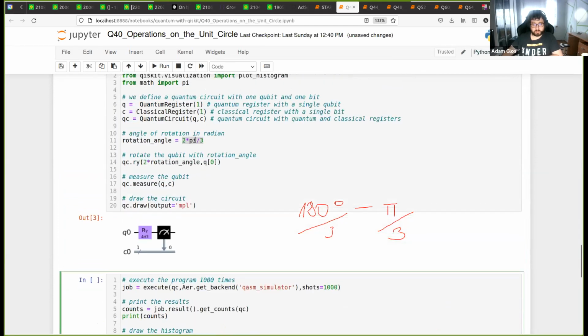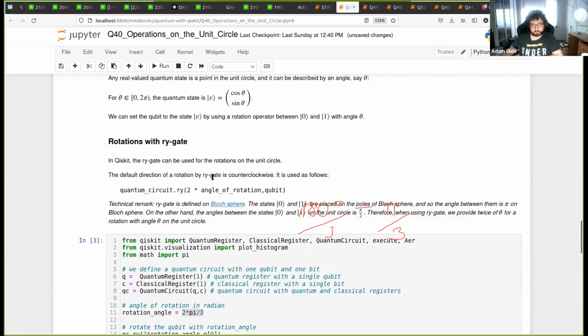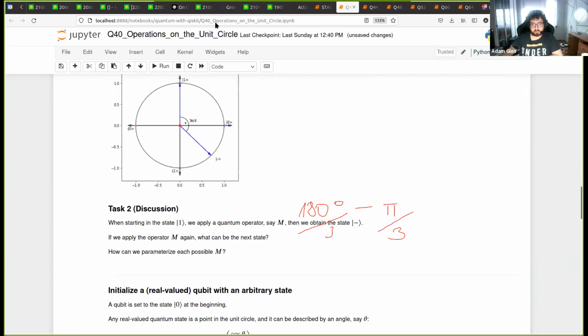When you see that we are rotating by 2 pi over 3, which means that the state will be something like this, we should observe that 1 is measured more often than 0.